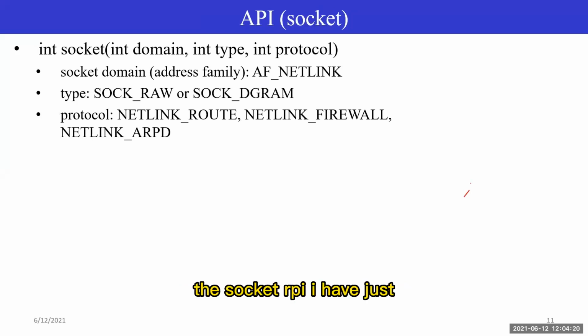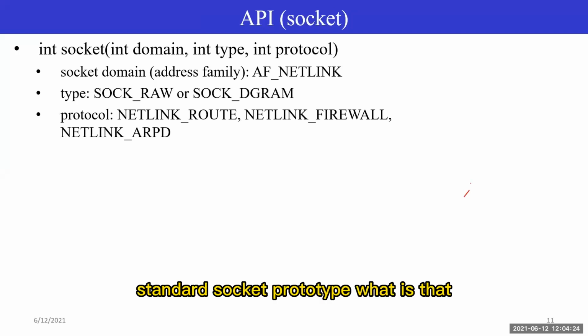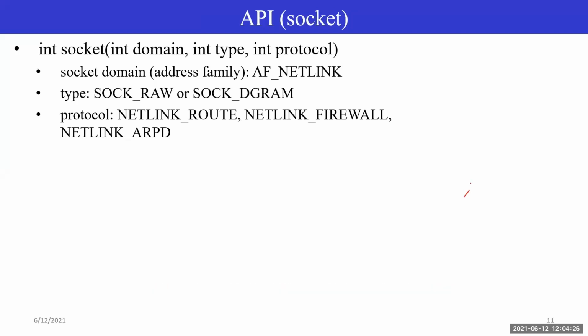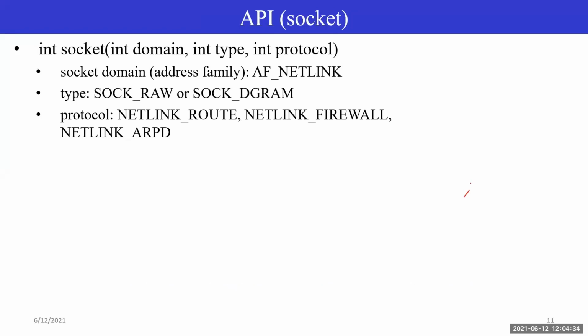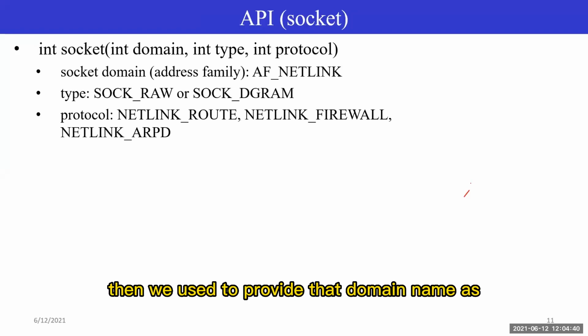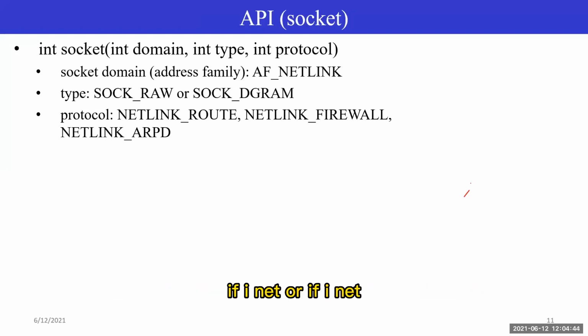So for the socket API, I have just stated the standard socket prototype. It takes three arguments. One is the domain, the other is type, and the third is the protocol. If we create a TCP socket, then we provide the domain as AF_INET or PF_INET.